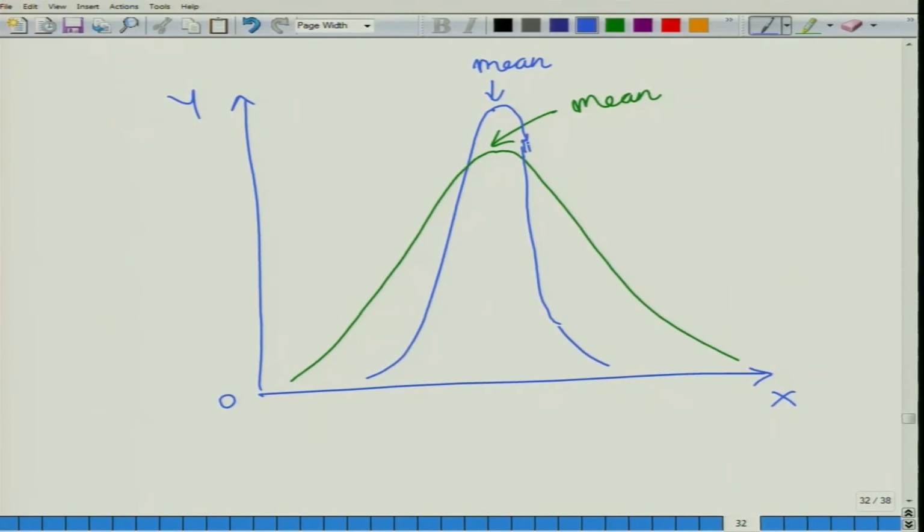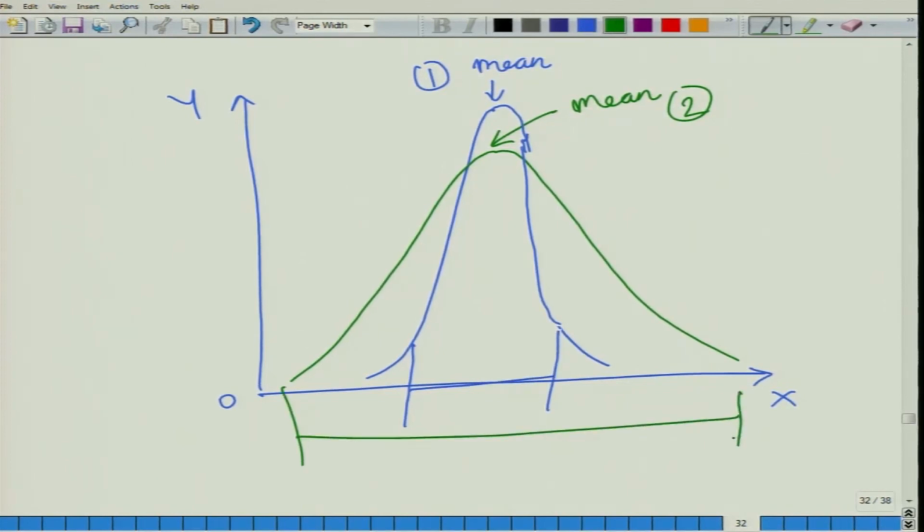However, we can observe that, say, let us call this distribution 1 and this distribution 2. Distribution 1 has a smaller spread, whereas distribution 2 has a greater spread. So while both these distributions have the same measure of central tendency, they have very different dispersions.